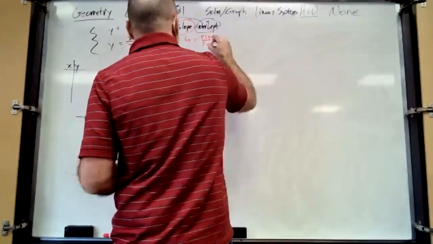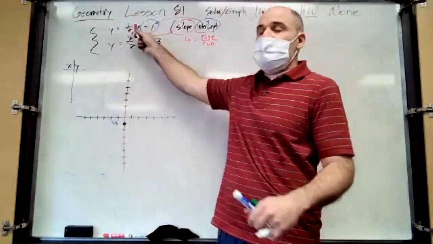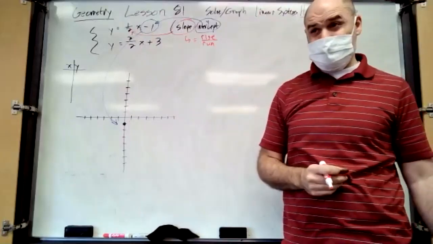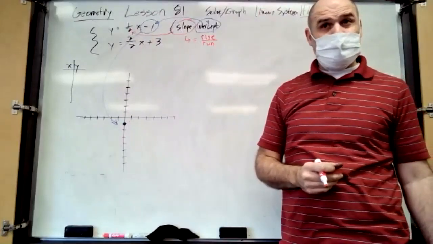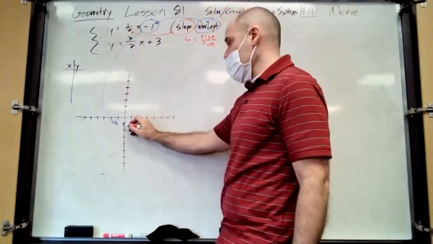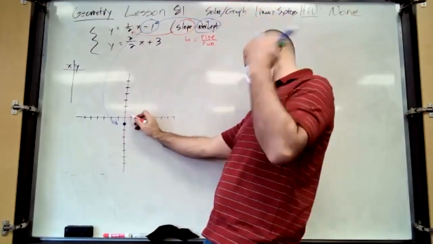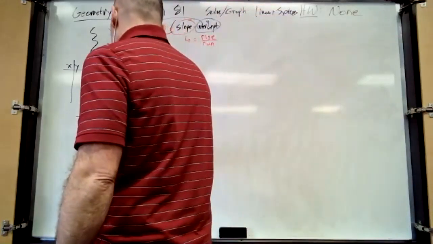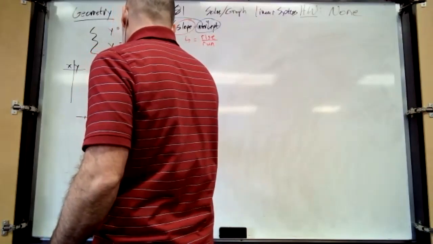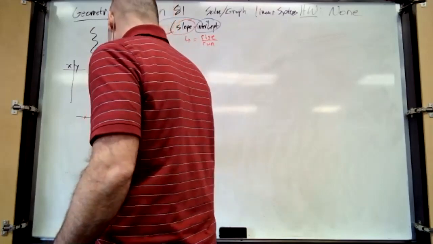If it's not already a fraction, make it a fraction by putting it over 1. But look, it's already a fraction. So how much does it rise and how much does it run? Plus 1, it rises 1. So from here, it rises 1. And then what does it mean to run plus 2? To the right, 2. So it goes up 1 over 2, up 1 over 2, up 1 over 2. So this is what this line looks like.